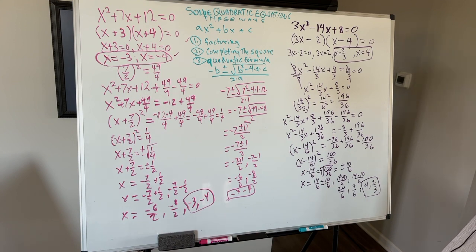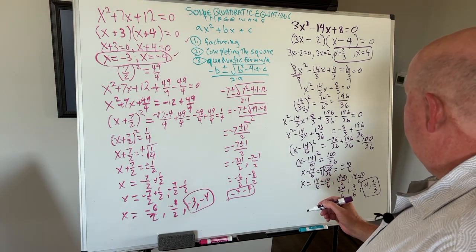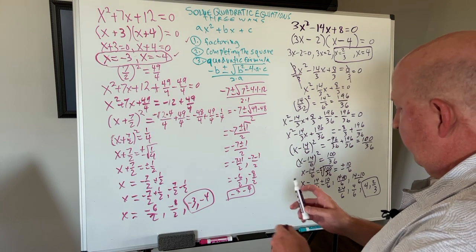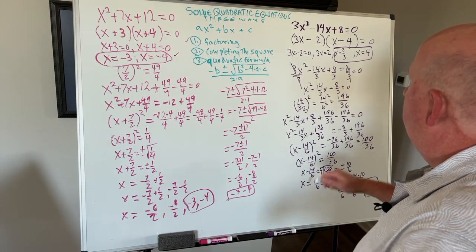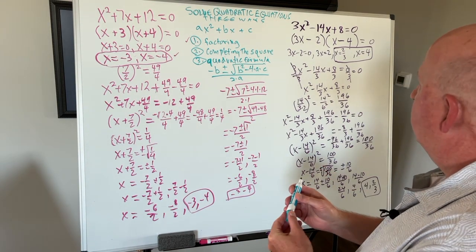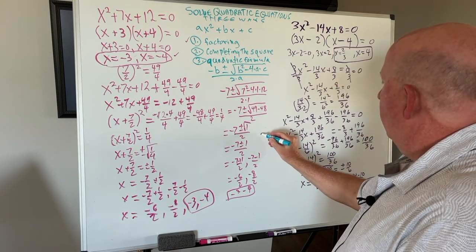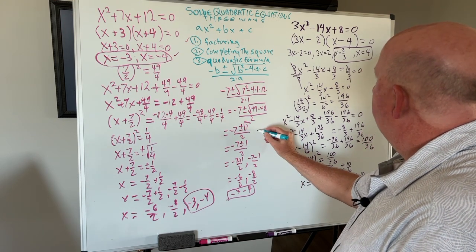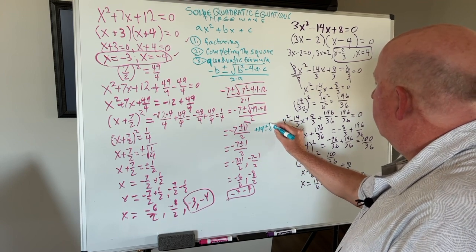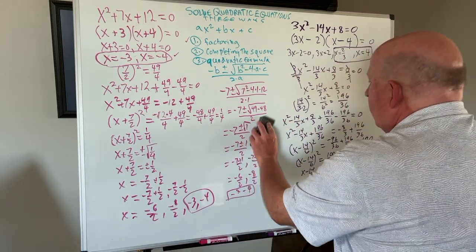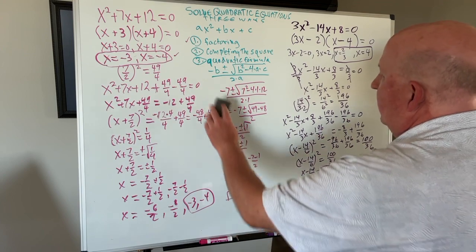Now, I've run out of room here, but it'll be pretty quick. Let me just do it in a different color. I can actually use the original formula just to be tricky here. Negative b would be positive 14 plus or minus the square root of, oh, that's not going to work. I hate to erase this, but I'm going to erase this.